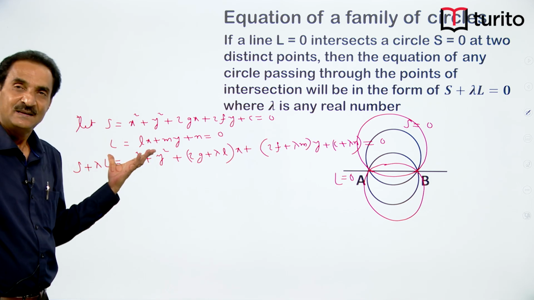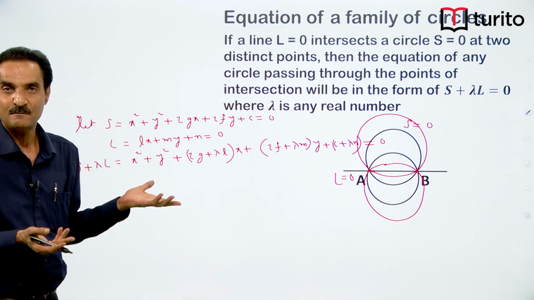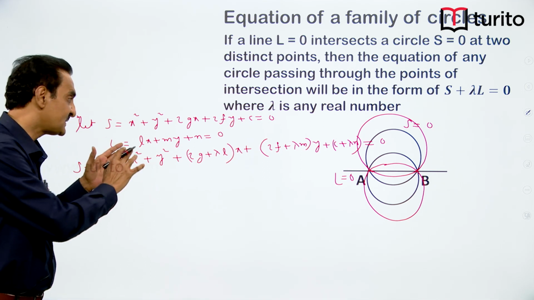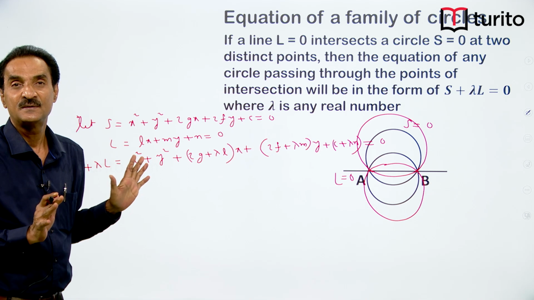Now, this equation is in the general form of a circle. Okay. So, for any value of lambda, this is a circle, no doubt.